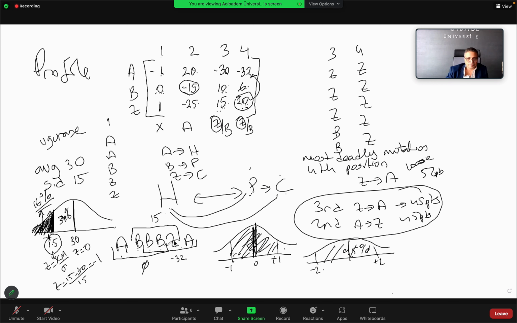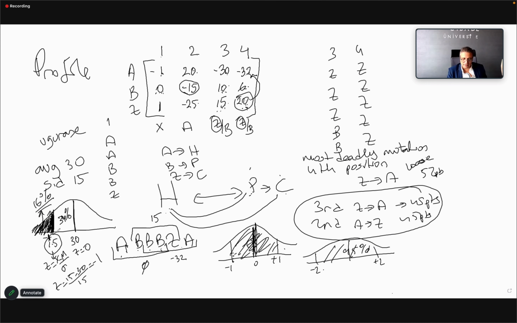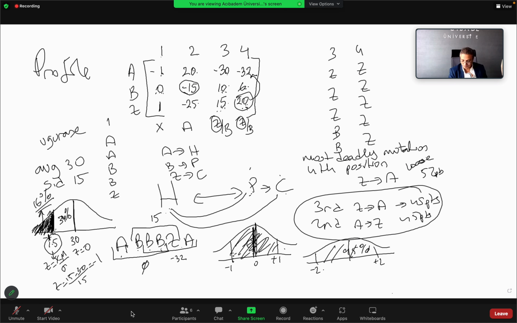Okay. So I'm only 16% confident that this person will carry out, because average score you can obtain from this matrix is 30, standard deviation is 15. So this person's profile score is 15, which is one standard deviation below the average.